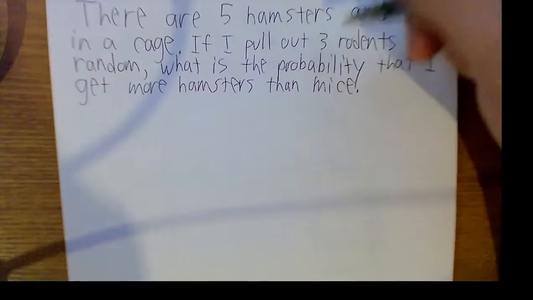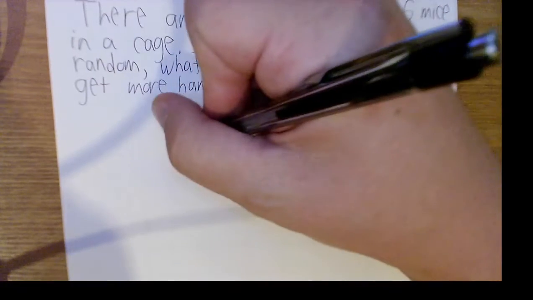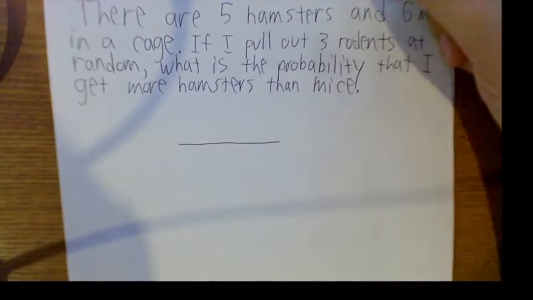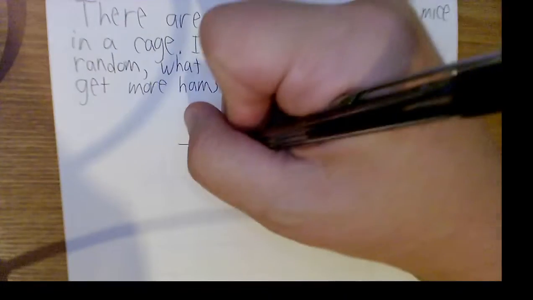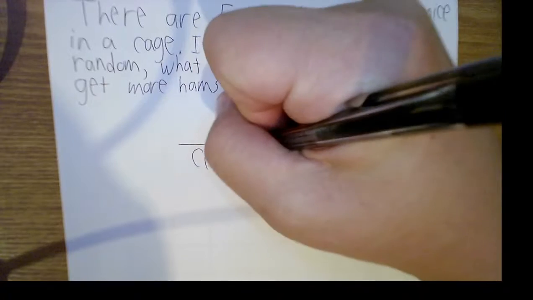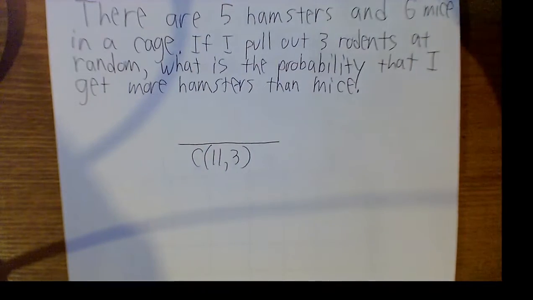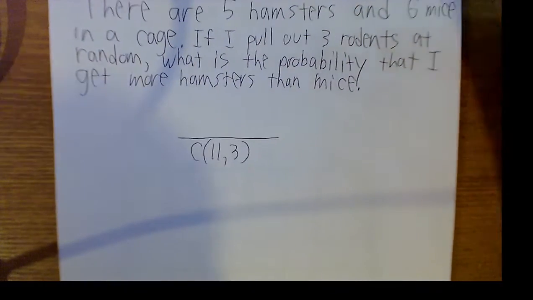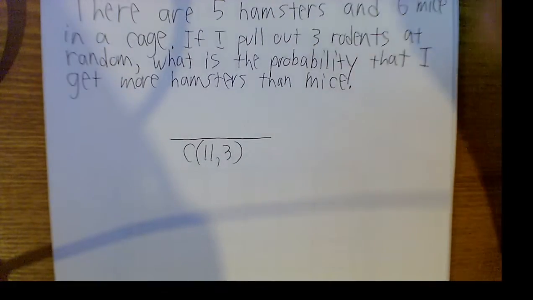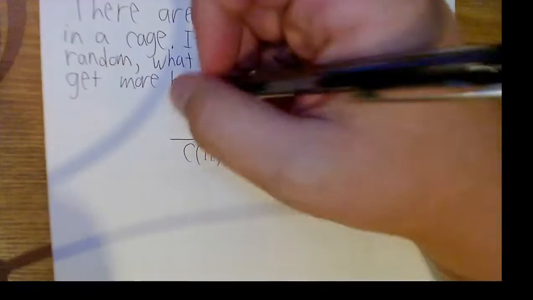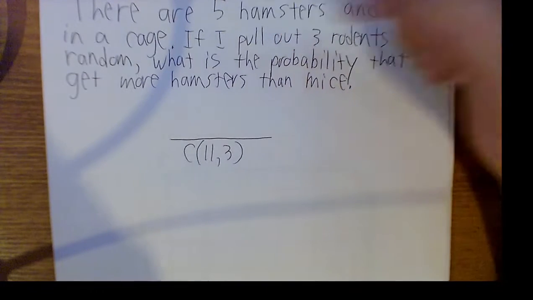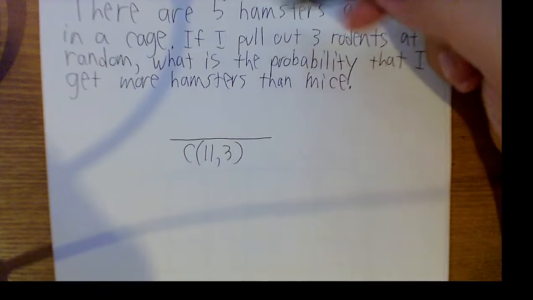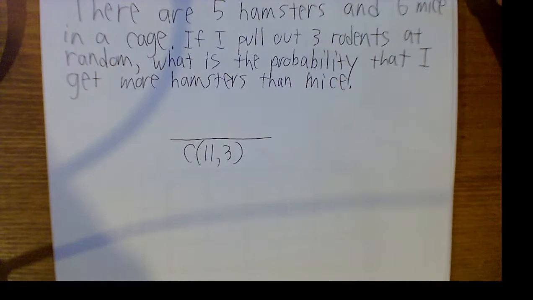So how many different ways can I pull out 3 rodents in total? Well, there are 11 total rodents, right? So we have combination of 11, 3, and then what satisfies this condition, right? Well, we want more hamsters than mice. So we can either have 3 hamsters and no mice, or 2 hamsters and 1 mouse, right?